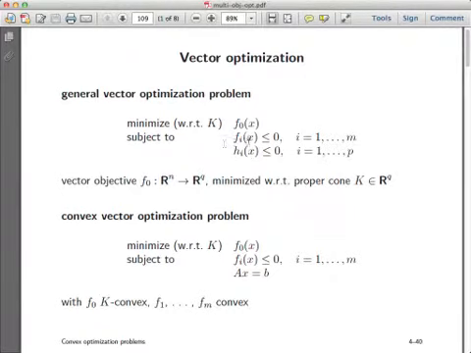What's important here and what is new is that we're talking about a vector objective. The vector objective starts from Rn. That is no surprise. That's what we've been working on. But it lands in Rq, and q could be greater than 1.